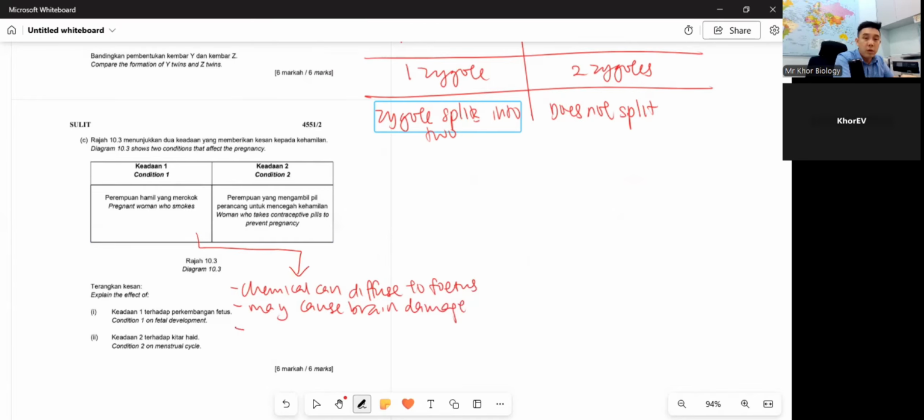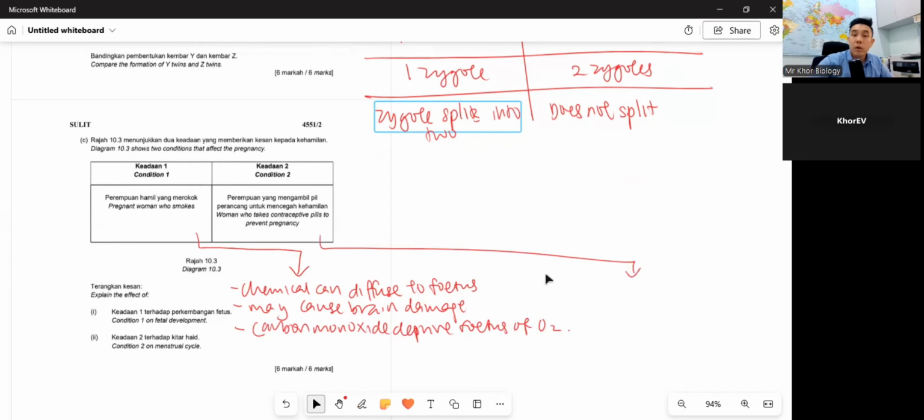What else can we talk about? Carbon monoxide will deprive the fetus of oxygen.